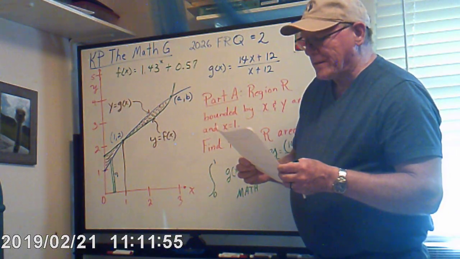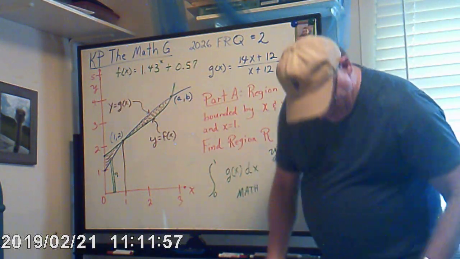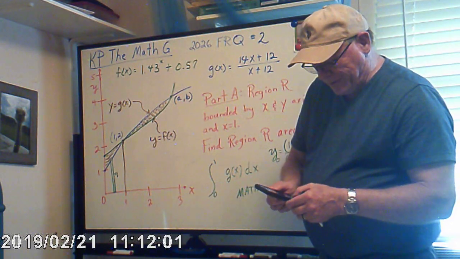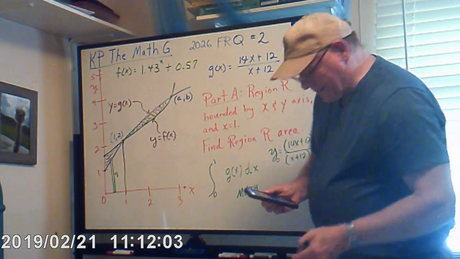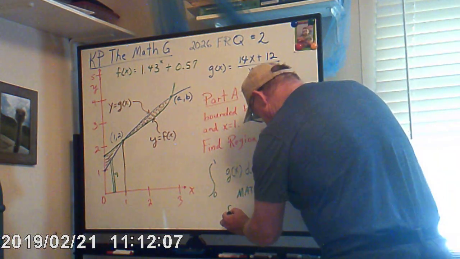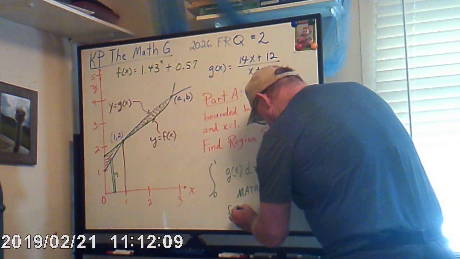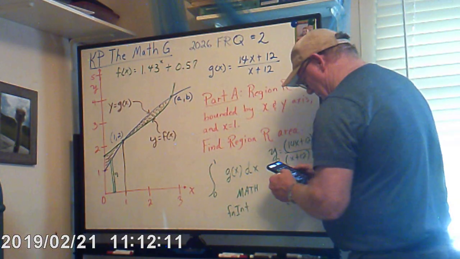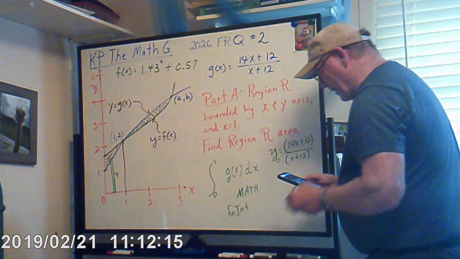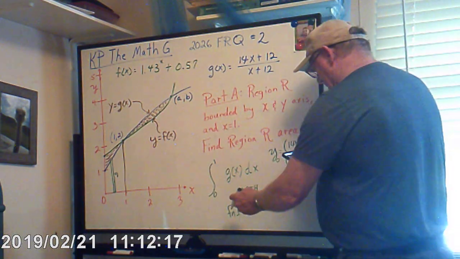Alright, so once I do that, I scroll down to fnInt. That's going to give me this symbol. It looks like this, just like this.